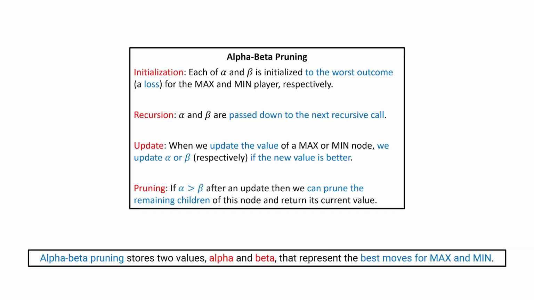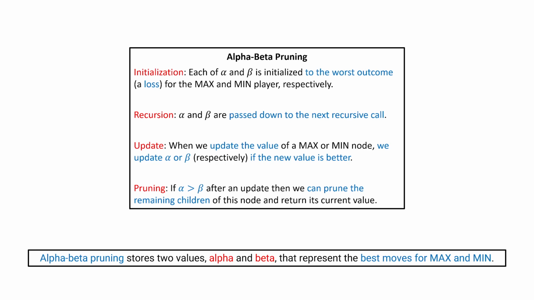To do this, alpha-beta pruning is going to keep track of two values commonly called alpha and beta, where it gets its name from, that are going to represent the best moves that we've found so far for max and for min. So alpha for max and beta for min. And since these are meant to represent the best moves found so far, when we initialize, we're going to assume the best move so far is the worst outcome for each player.